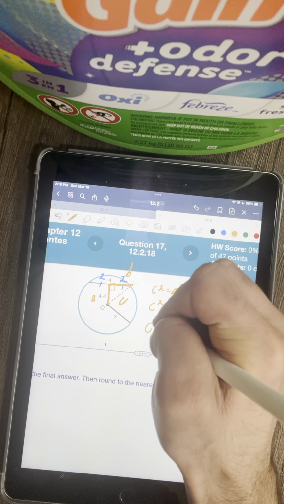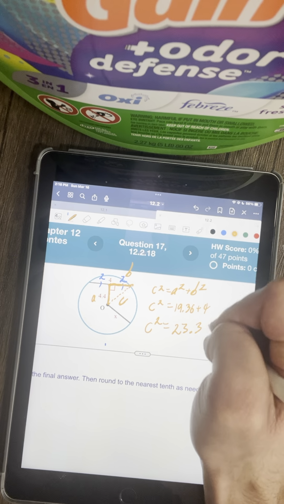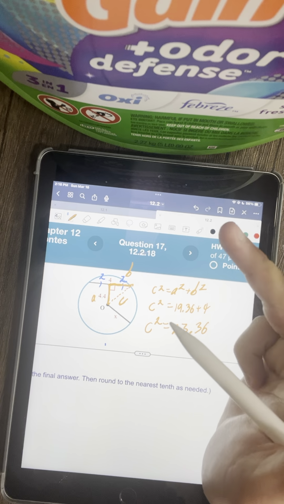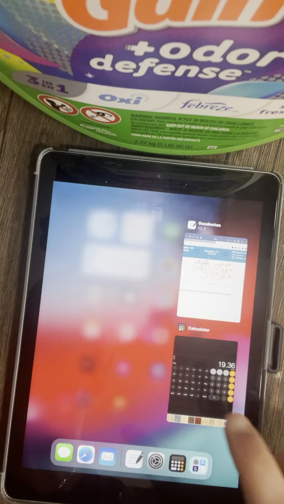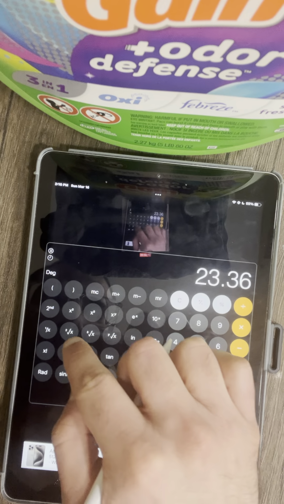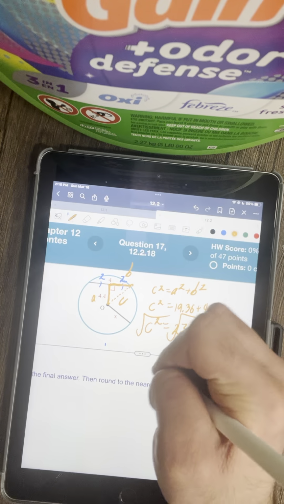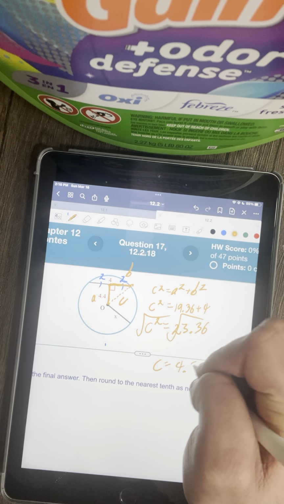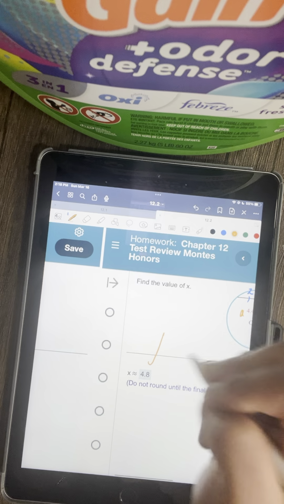So now my C squared is equal to 23.36. Now I have to find the square root of 23.36, so 4.8. So my C is 4.8, and they want me to round to the nearest tenth, so it should be 4.8, which it is, okay?